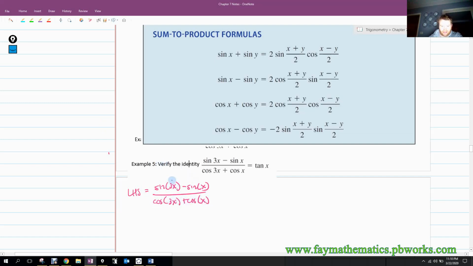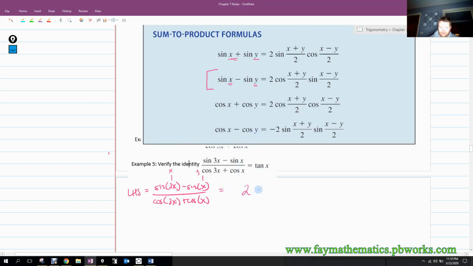Right now you can see that would be like your u, and that would be the v that you're seeing previously when it was written as product to sum. I guess here they're using x's and y's, the way in the textbook that I cut these out of. So that's x and that's y. We can actually see that we're taking the sine of some argument minus the sine of a different argument, so we're using that rule right there.